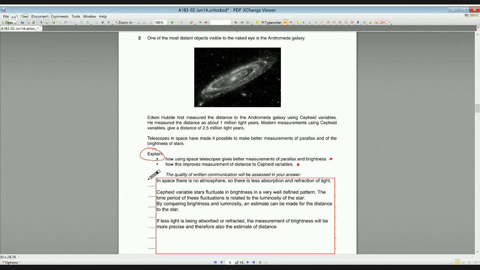I've had a quick question come through from Max Fader saying, can we have a quick explanation for what a Cepheid variable is and what it does and can be used for? So a Cepheid variable star is a star whose brightness changes. If I do a quick sketch just up here, this is a graph of time against brightness.